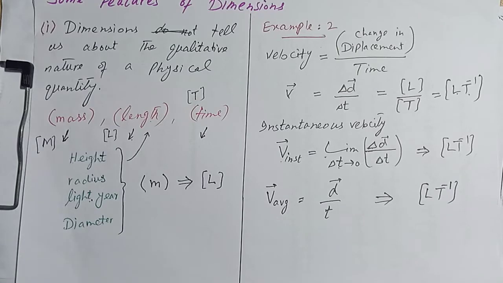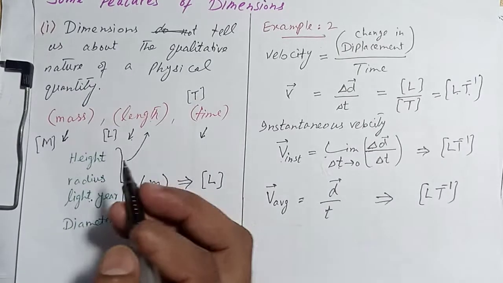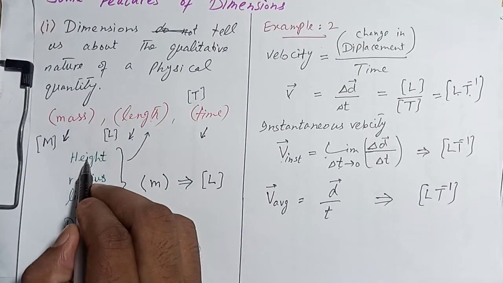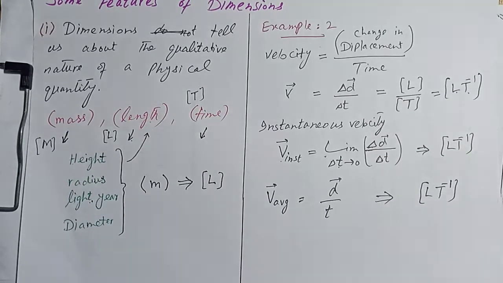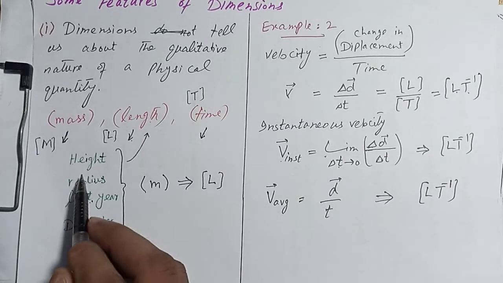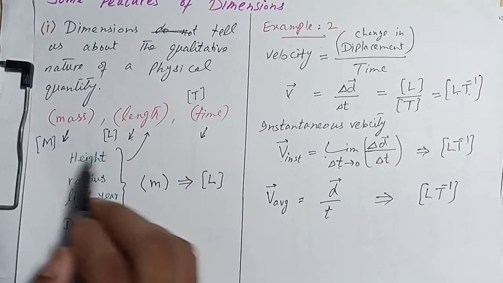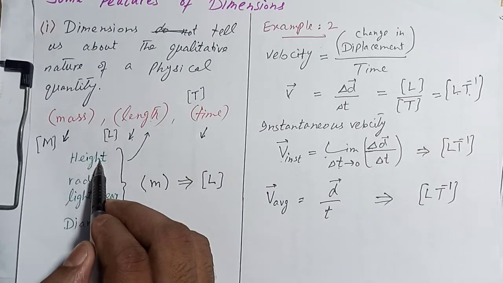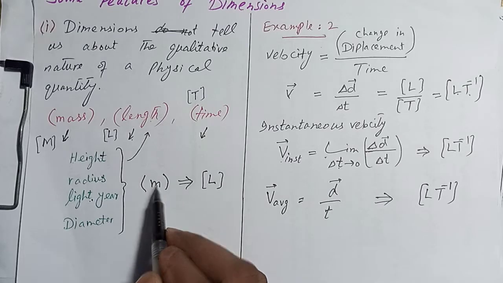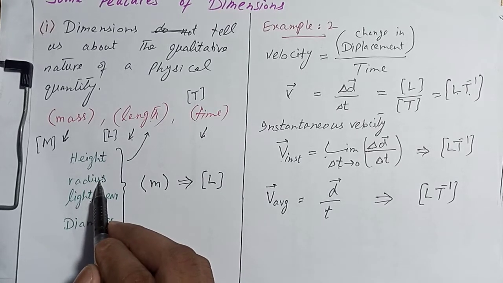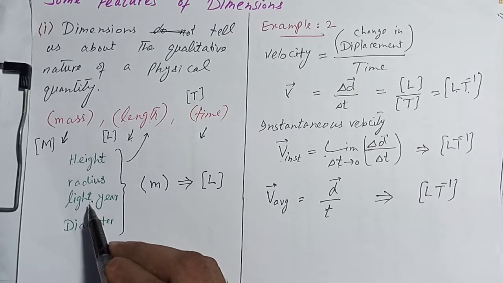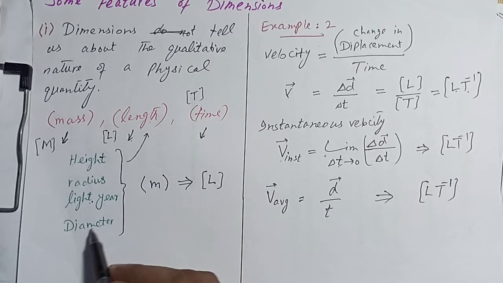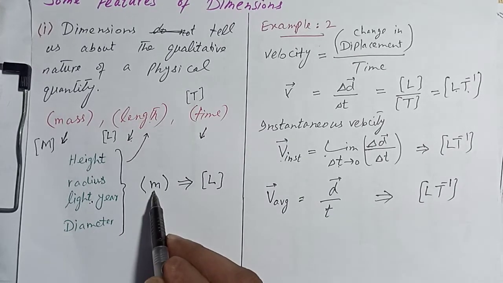For example, in physics we talk about height, we talk about radius of circle, light year, diameter, and we know that height is measured in meters, radius of a circle is also measured in meters, light year is also measured in meters, and the unit of diameter is also meter.